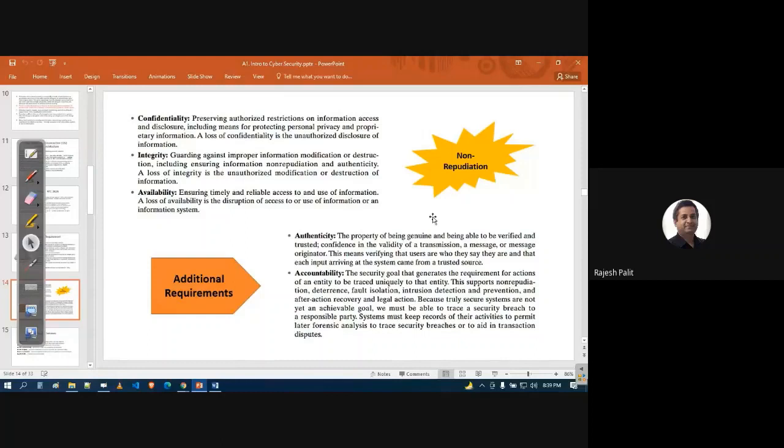That is called accountability. The security goal that generates the requirement for an action of an entity to be traced uniquely to that entity. That means you are accountable for your action.